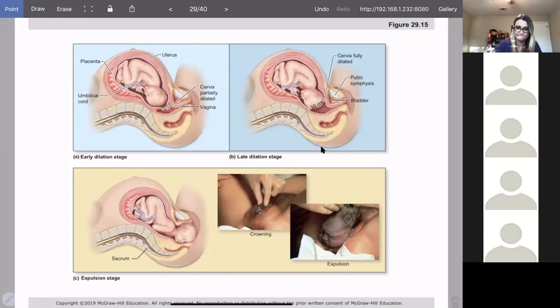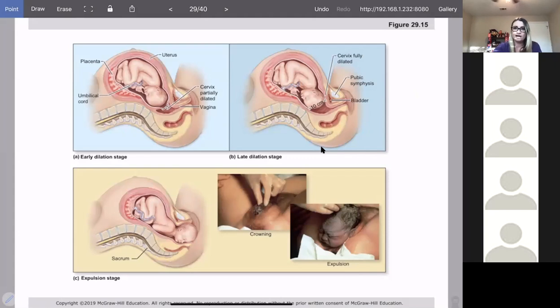And then right here, fully dilated. A fully dilated cervix is the size of a bagel, the outside of the bagel, not the inside. It's 10 centimeters, and that's what you wait for before you start pushing.